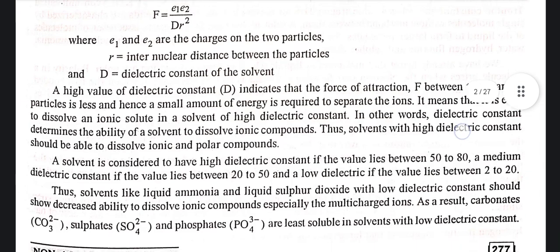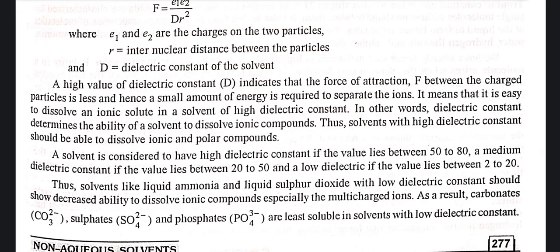A solvent is considered to have a high dielectric constant if the value lies between 50 to 80, a medium dielectric constant if the value lies between 20 to 50, and a low dielectric constant if the value lies between 2 to 20.